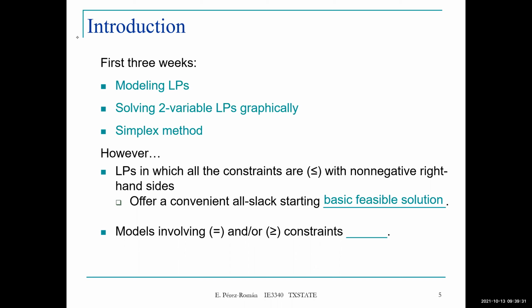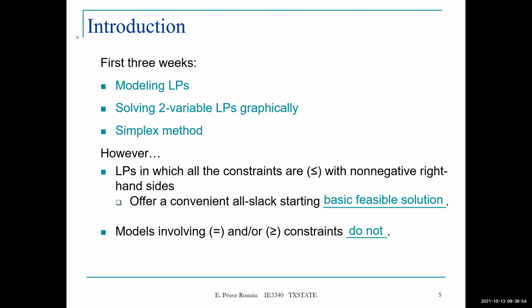So our initial solution was always given by those slack variables. However, models involving equality or greater or equal to constraints do not provide that. They don't provide an initial solution because they don't have slack variables.